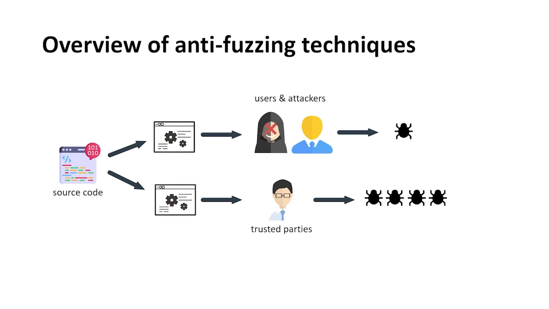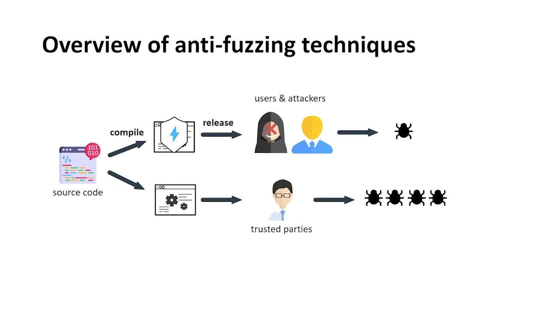So there is a need for anti-fuzzing techniques. The purpose of anti-fuzzing is to prevent the malicious use of fuzzing. And here is how it generally works. We compile the source code of the program into two versions. One version is protected by the anti-fuzzing code, and the other is the normal one.